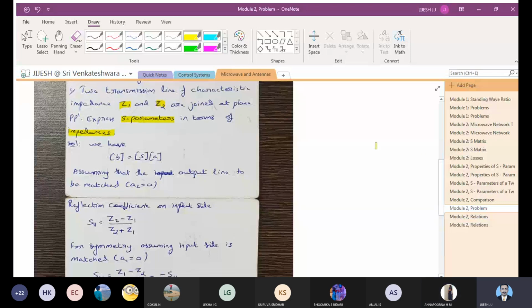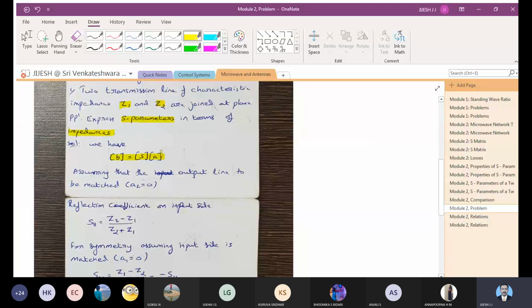As we have already studied some of the equations before, we are going to use those equations to solve this. The equation for the S matrix can be written as B is equal to matrix S into matrix A. This is the same equation we have studied before. What we should assume here is the output line to be matched, that is A2 is equal to 0.